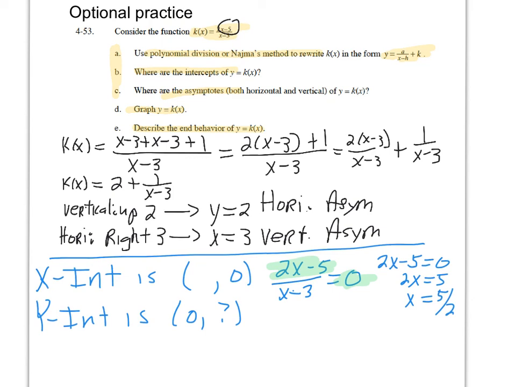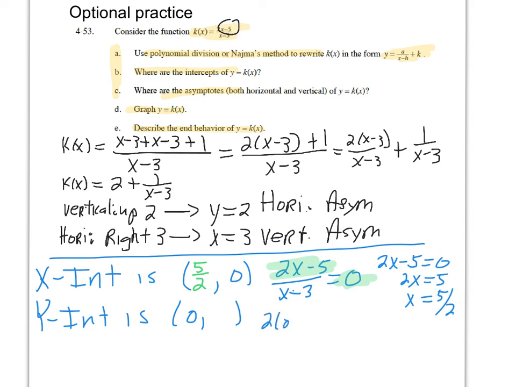So my x-intercept is 5/2, comma 0. To find the y-intercept, I'm going to plug 0 in for x.